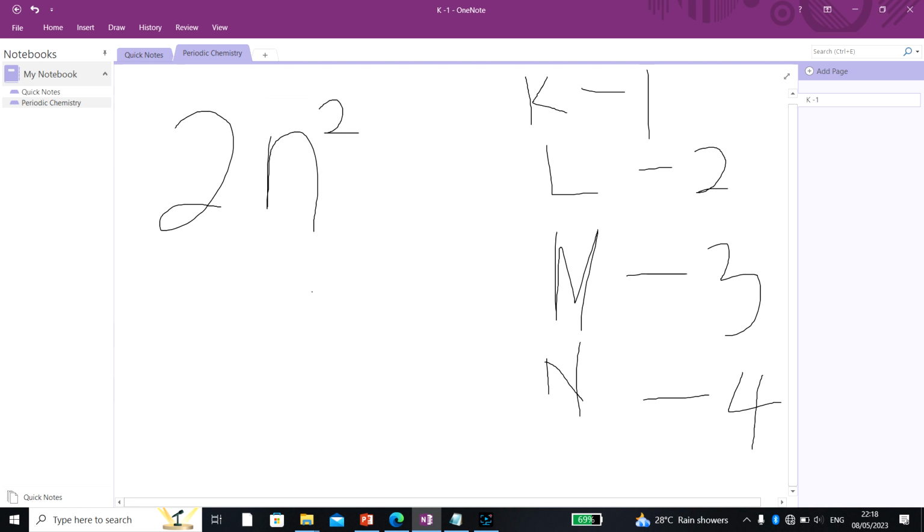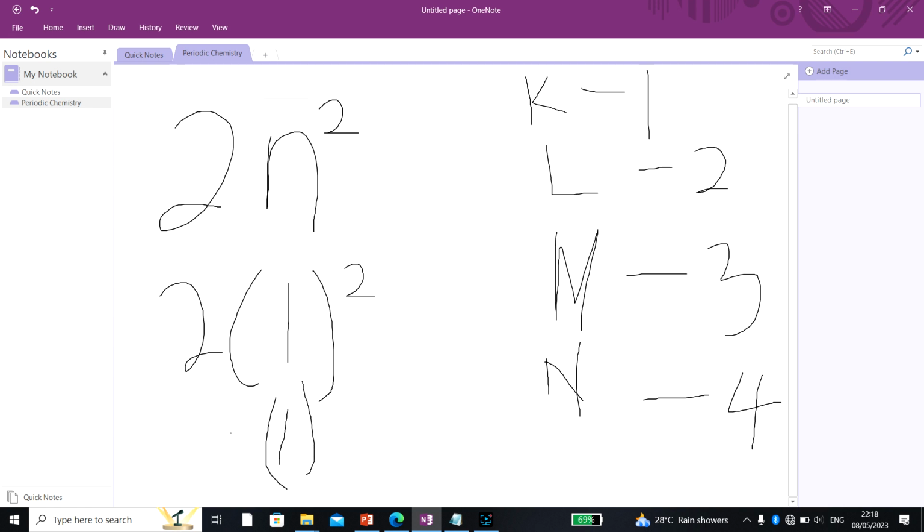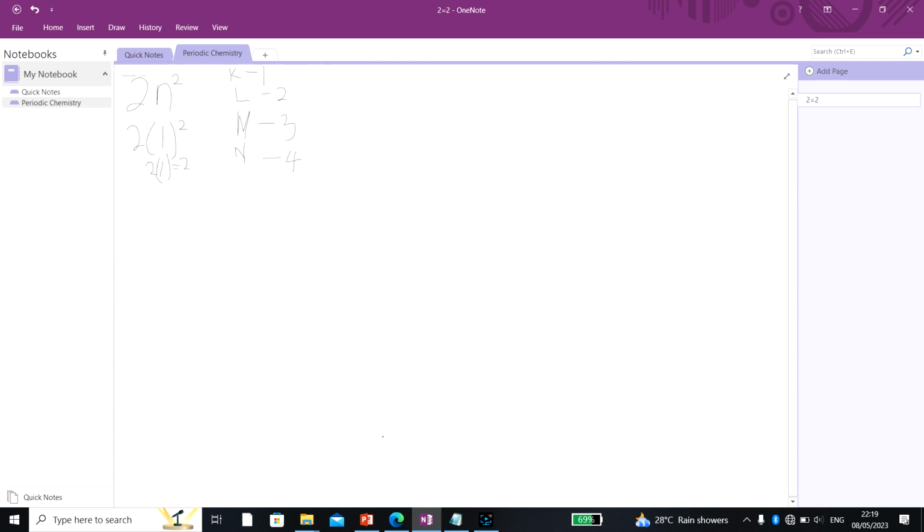So let's solve for the first one. 2 into bracket 1 to the power 2. We know that 1 squared is still 1. 1 times 2 is 2. We'll open this bracket and it's going to give us 2.